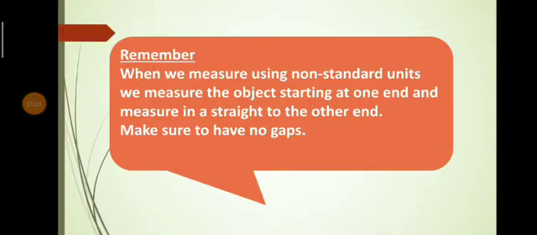Students, remember, when we measure using non-standard units, we measure the object starting at one end and measure in a straight line to the other end. Make sure to have no gaps.